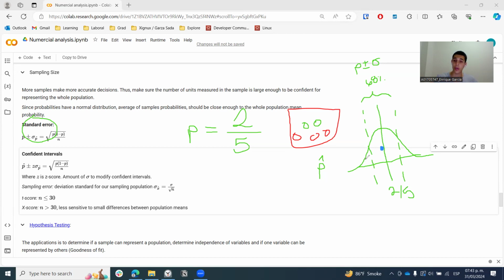Otherwise, if we want this interval to be really high, it will be more for production of other types of things that don't require that significant closeness or that amount of precision towards the data. So that interval will be the confidence interval, right?